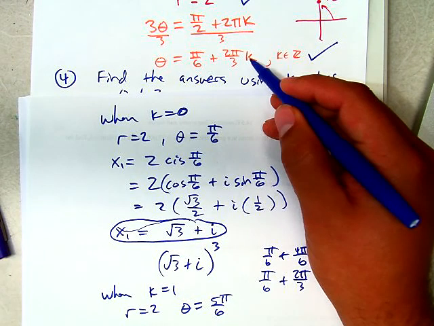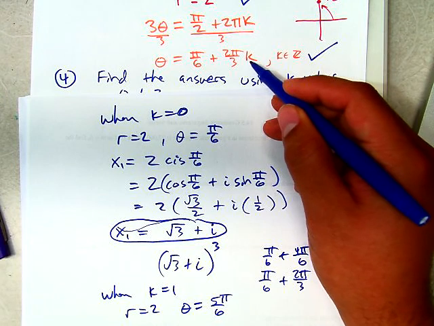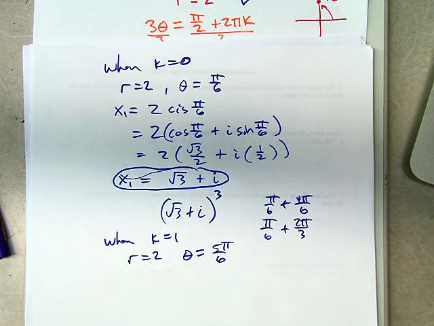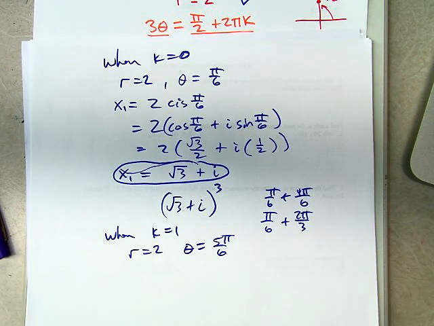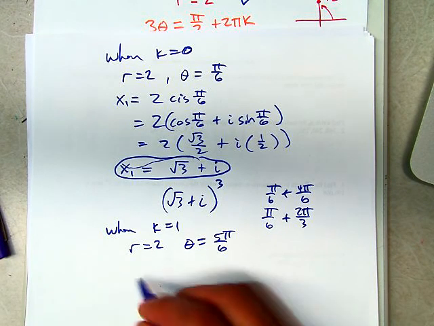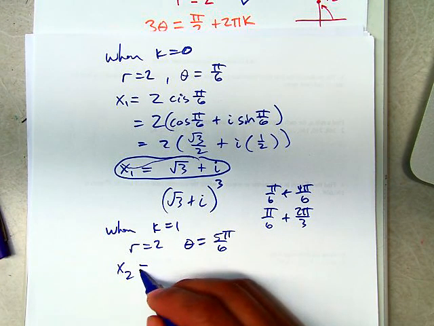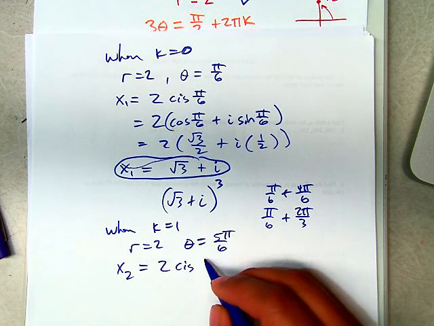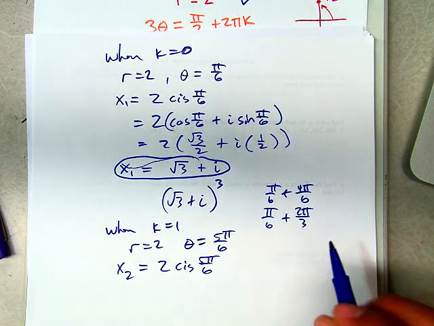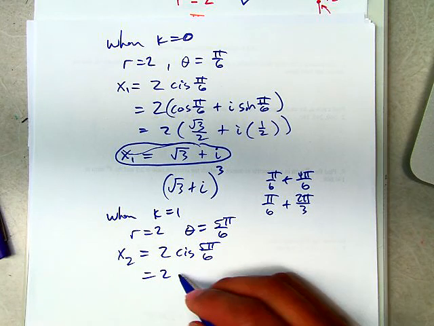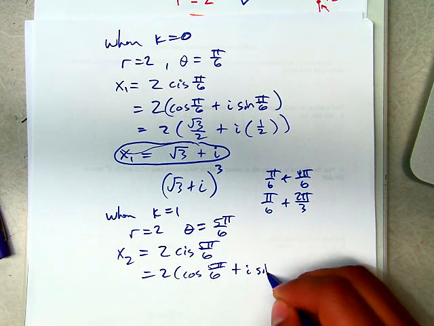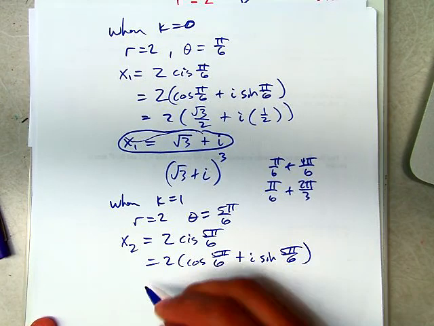Into k in the theta equation. So we're just going in order, starting with 0 because 0 is easy, until I have my three different answers. Okay. So now if I go ahead and figure this out, then x2 will be, again, 2 cis, and now I just use my new angle, 5 pi over 6. So that's 2 times cosine 5 pi over 6 plus i times sine 5 pi over 6.